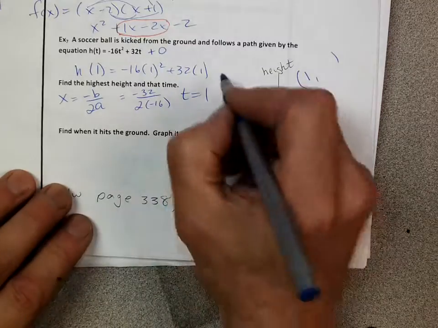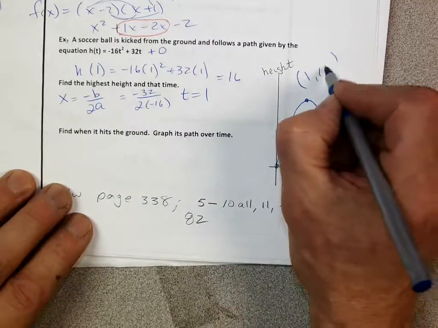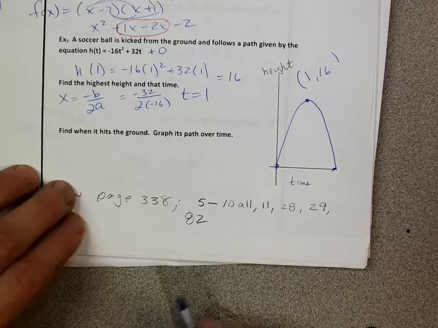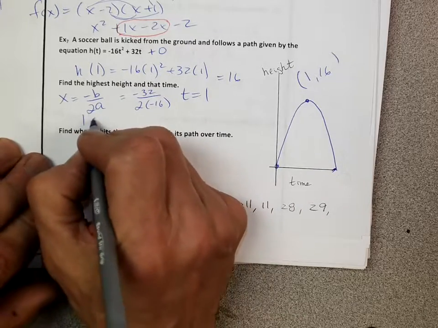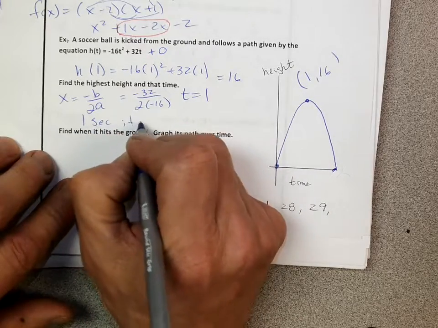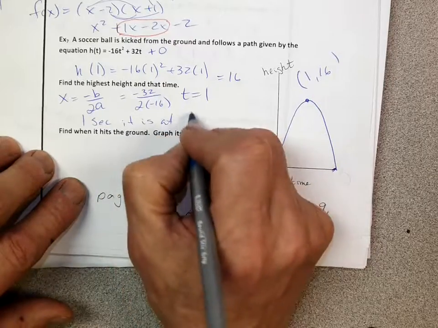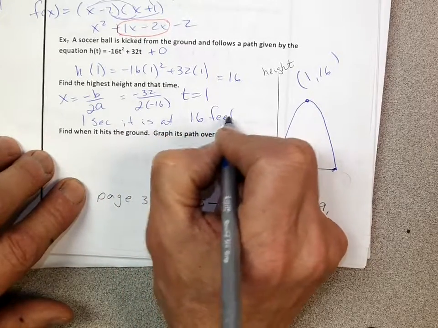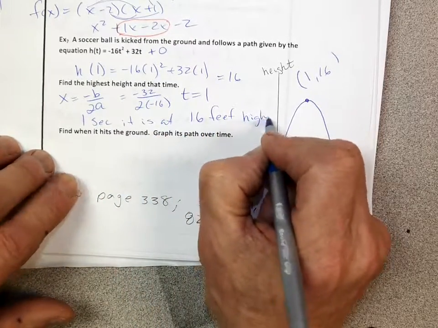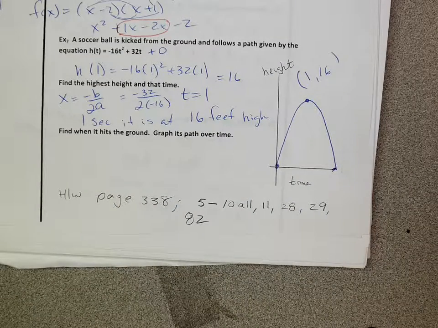Yeah, I do. I get 16. So here's what I know. I know at 1 second, it is at 16 feet high. All right? That makes sense to me. Goes up 1 second, it's up the highest.